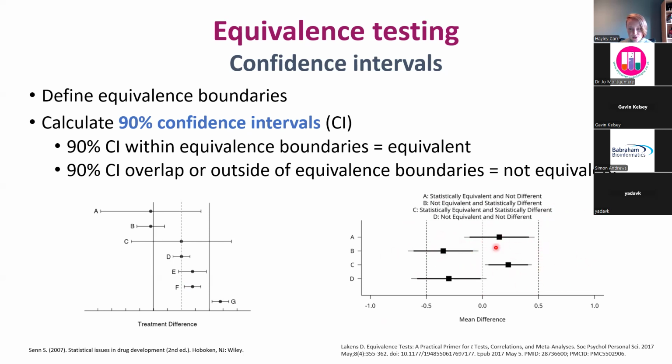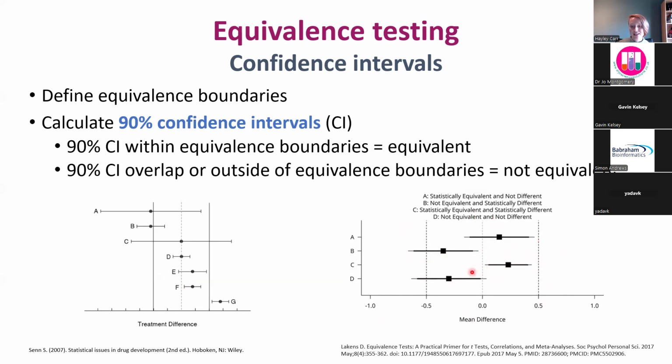C is interesting to remember it exists because you can have, in this case, an experiment where it is considered statistically equivalent and also statistically different. And this is because of the way we're defining the equivalence boundaries.